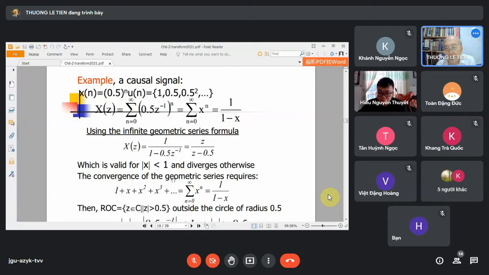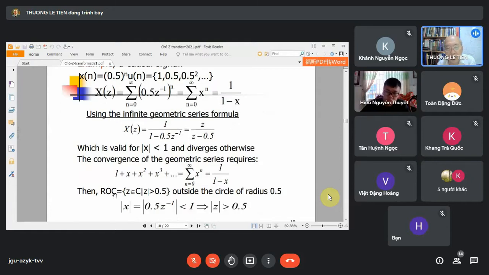like this. You already used this formula in chapter 1 to calculate the energy of the signal. So when we apply this, you can work out the result of the Z transform of the function like this.